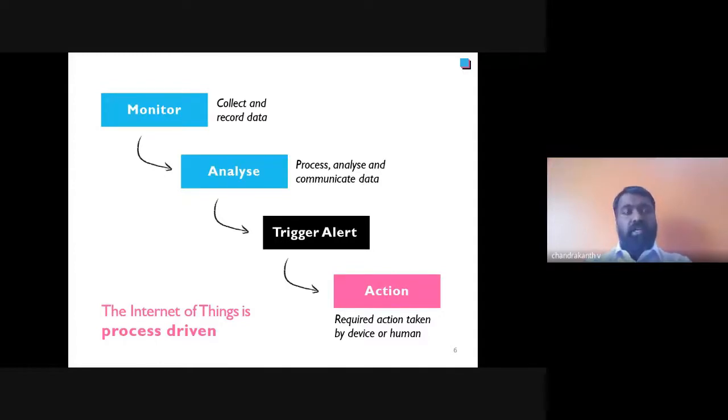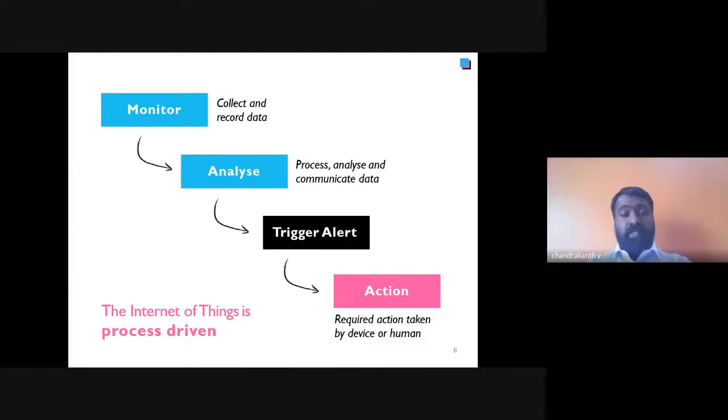We should have a sensor which will give us relevant data. For example, if you want to monitor a particular person's heart, there are devices called heart rate monitoring systems, which will capture your ECG signals, the electrical activity happening in your body. That data will be sent over the cloud to a database.